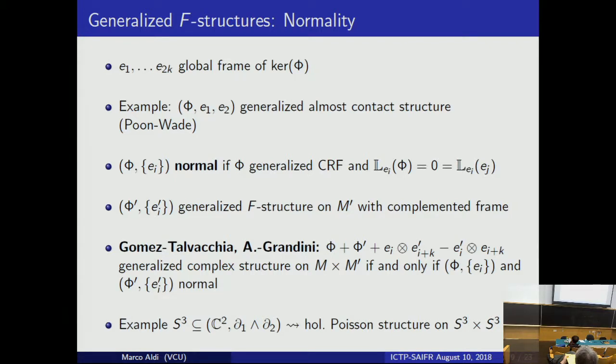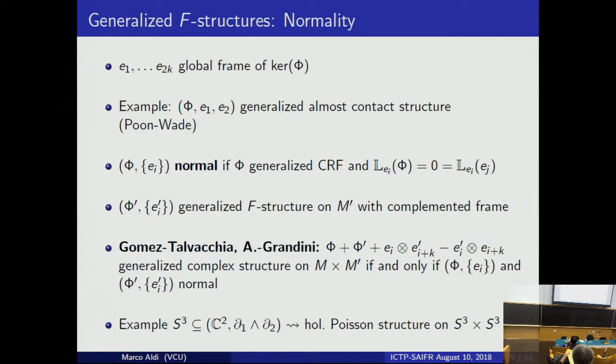And then you say that this datum is normal, just as in the classical case, if phi is the generalized CRF structure and the Lie derivative of e_i phi is equal to 0, and the Lie derivative of each e_j with respect to e_i is equal to 0. Then you get the same structure on another manifold M'.